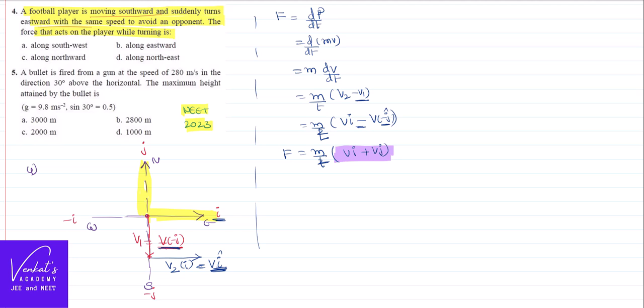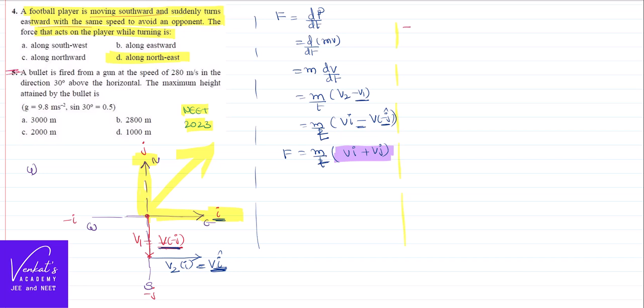So your resultant will be somewhere in between them. So the direction of the resultant is east and north, or you can say along northeast. So your answer is along northeast. That's the answer for that question. That's the fourth question.